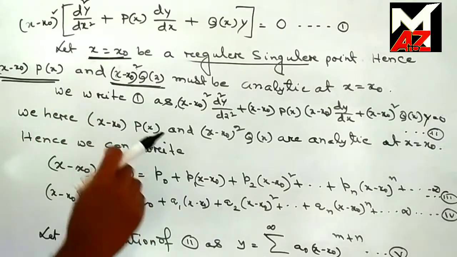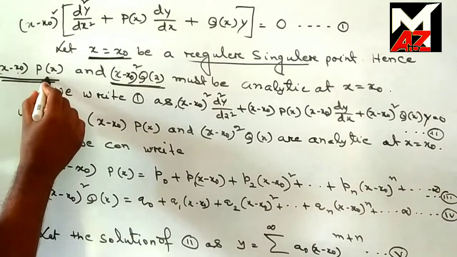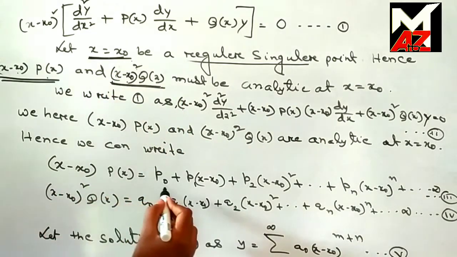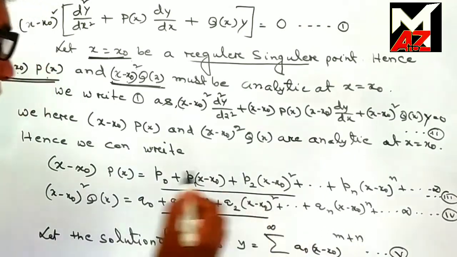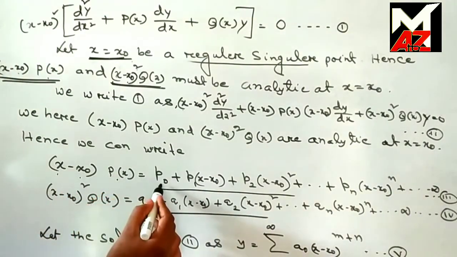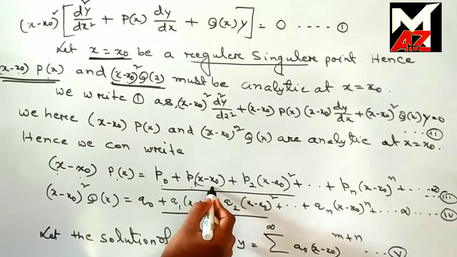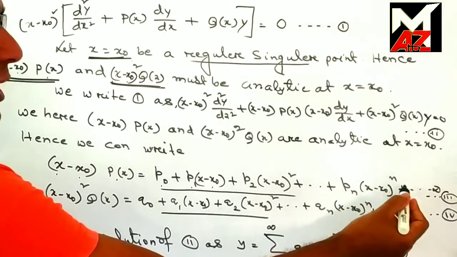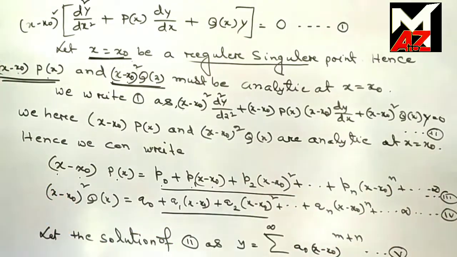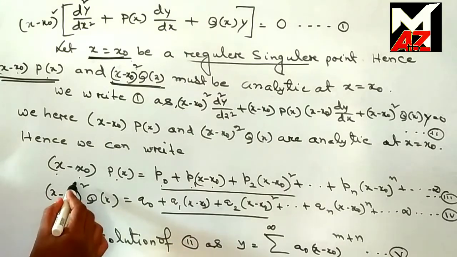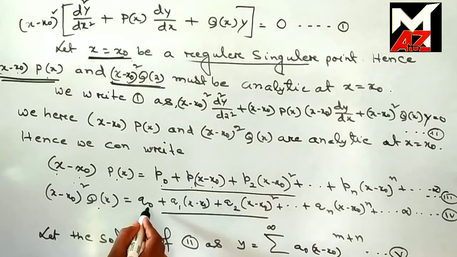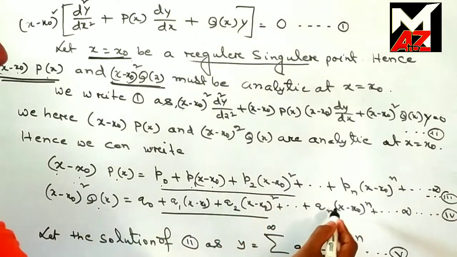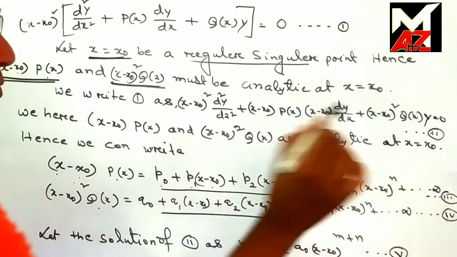So we can write x minus x0 into p of x and x minus x0 whole square into q of x in polynomial form. x minus x0 into p of x equal to p0 plus p1 into x minus x0, plus p2 into x minus x0 whole square, plus up to pn x minus x0 whole to the power n to infinity. This is 3. And x minus x0 whole square into q of x equal to q0 plus q1 into x minus x0 plus q2 into x minus x0 whole square plus qn into x minus x0 whole to the power n to infinity. This is 4.